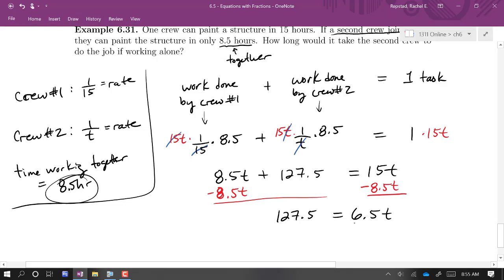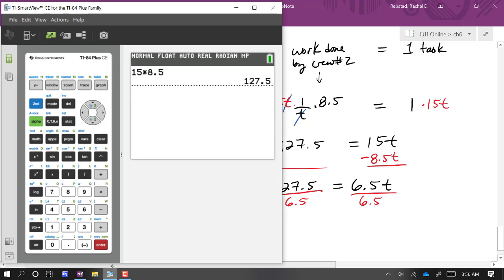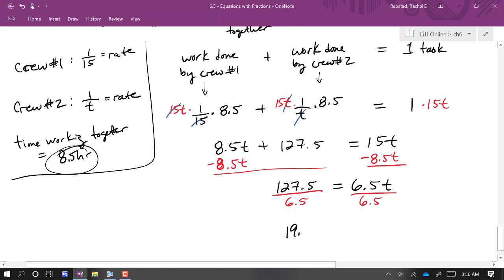And now we just need to divide. 127.5 divided by 6.5 is 19.6 hours. And that's how long it would take crew number 2 working alone.